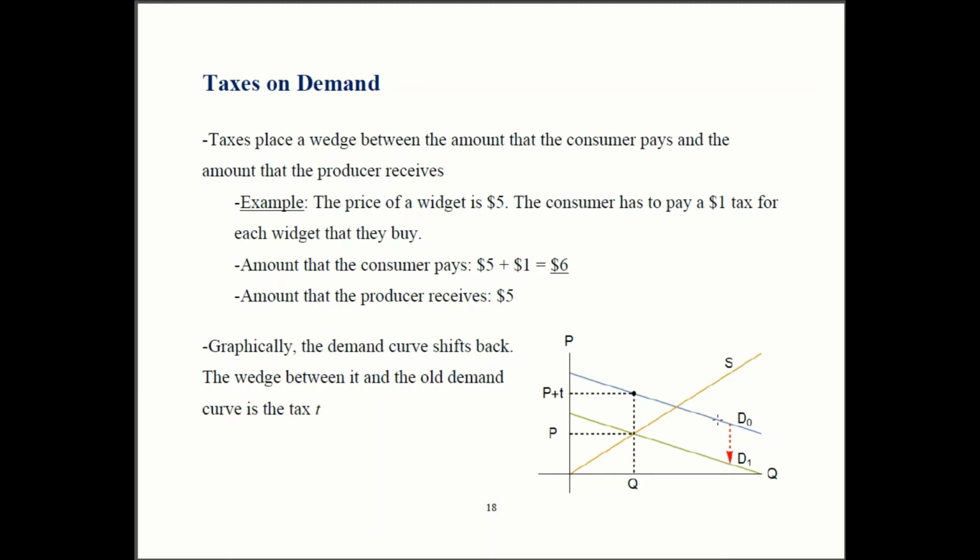If you add a tax, demand is going to shift back by the amount of the tax. You can see here the gap between old demand and new demand, that wedge, is the tax. P is price, P plus T is price plus tax. Thus, this distance must be the tax. So that's some intuition for what is going on.